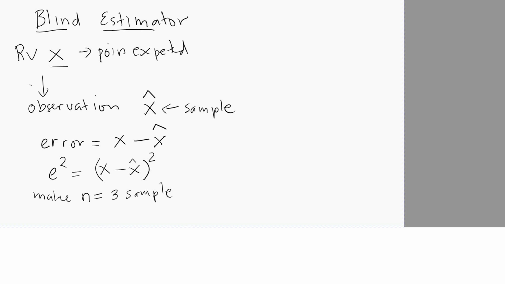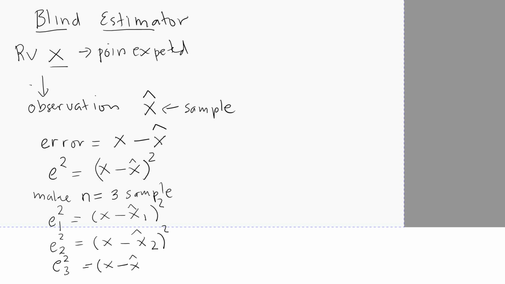So the first error, we can say, is x minus x1 observation squared, and then error 2 is x minus x2 powered by 2, and error 3 we can make x minus x3 powered by 2.